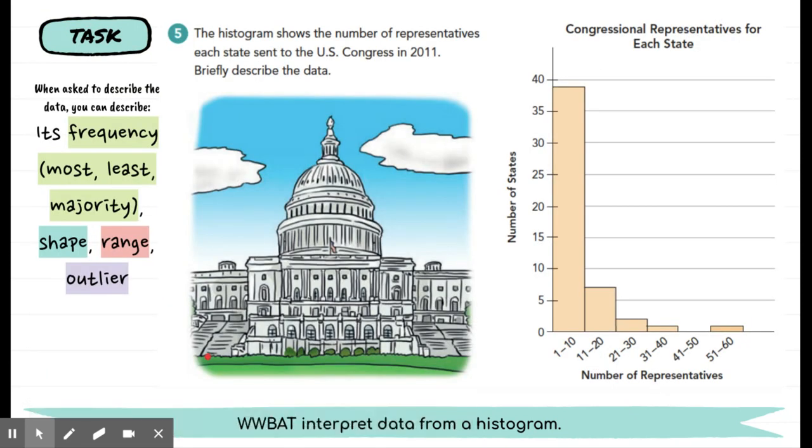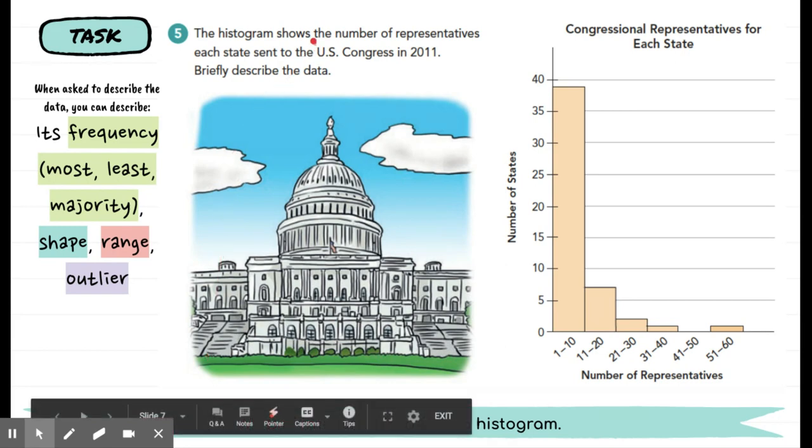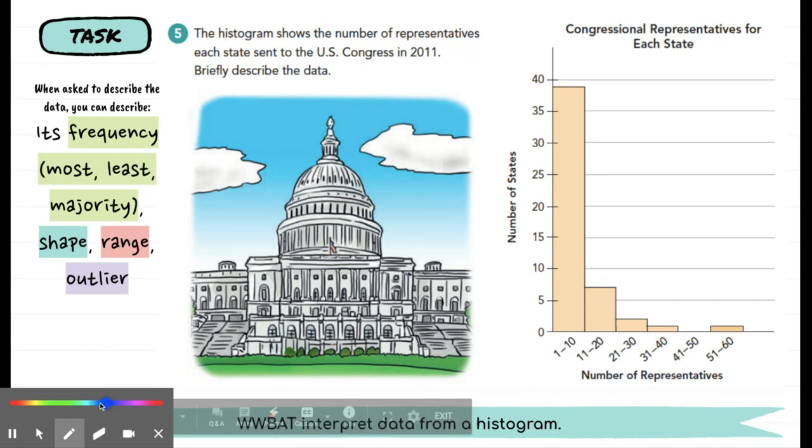Okay, so let's look at this first histogram, where you're going to have to pick which description is the closest to what this histogram is about. This histogram shows the number of representatives each state sent to the US Congress in 2011. Briefly describe the data. Let me start from the frequency.